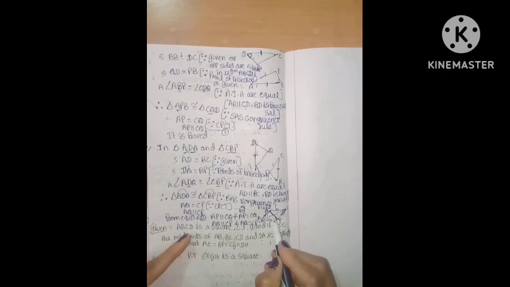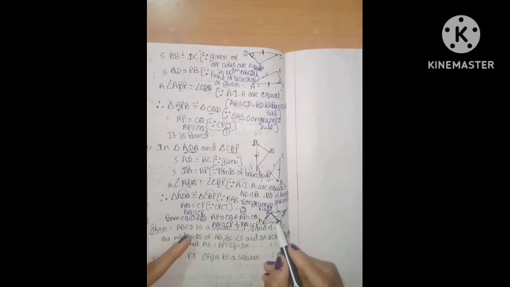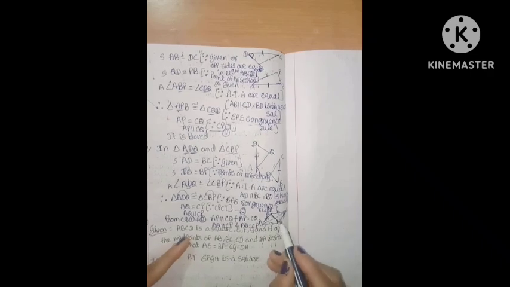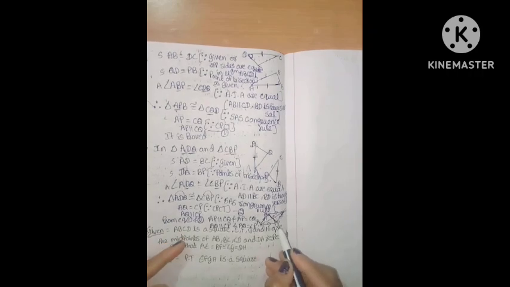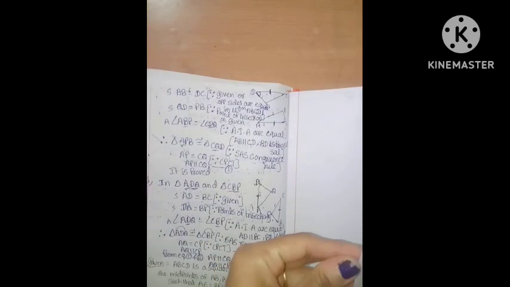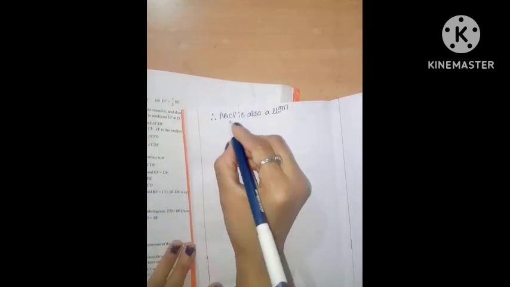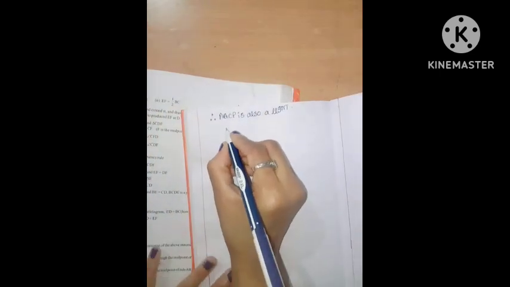In parallelograms, what about the diagonals? Diagonals bisect each other. We know that only. So here AO is equal to OC and OQ is equal to OP. Are you understood? Diagonals bisect each other, so that's why.